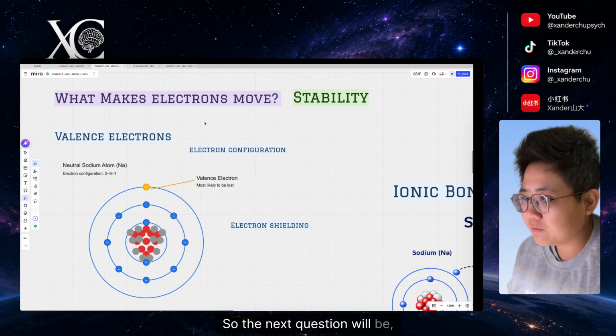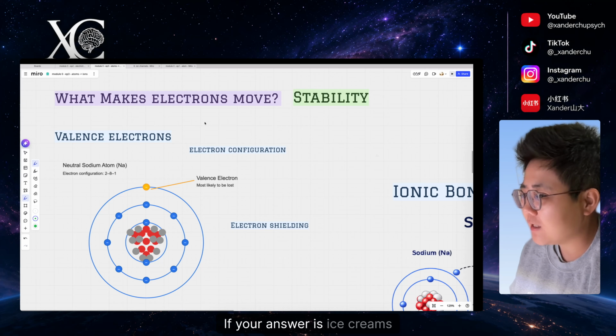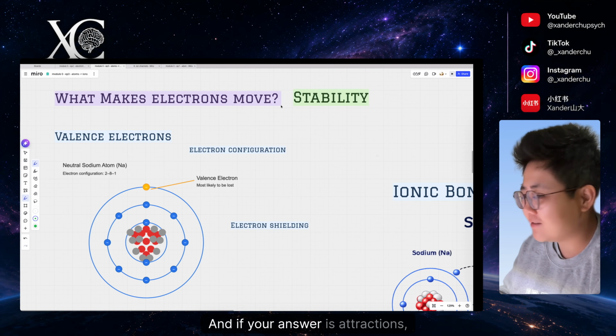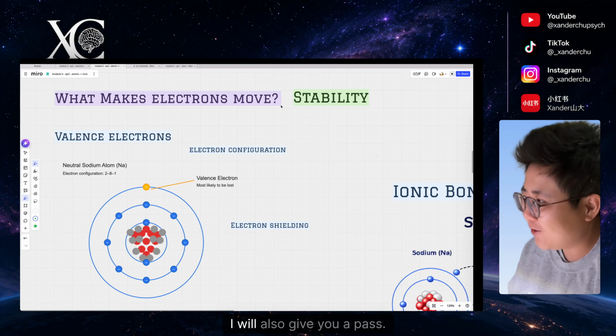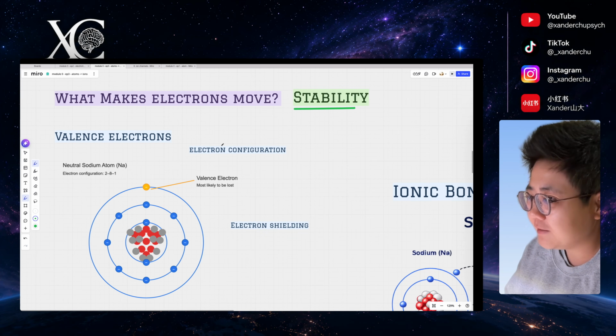So the next question will be, what makes electrons move? If your answer is ice creams, for me, I will give you a pass. And if your answer is attractions, I will also give you a pass. But the answer is actually stability.